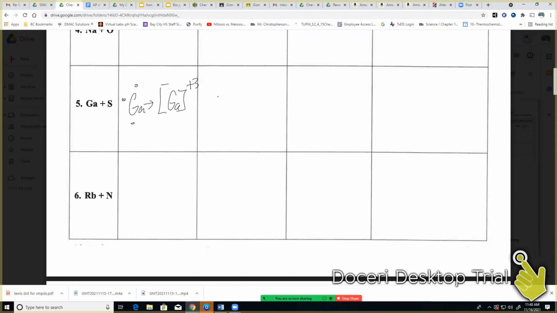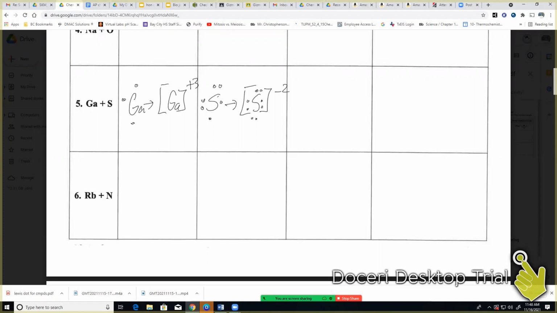So it has 6: 3, 4, 5, 6. So it becomes what charge ion? -2. Because it has 6 valence electrons and it wants 8 to get the octet. So when it gains 2 electrons, it becomes negative. It'll become negative to how many electrons it gains.